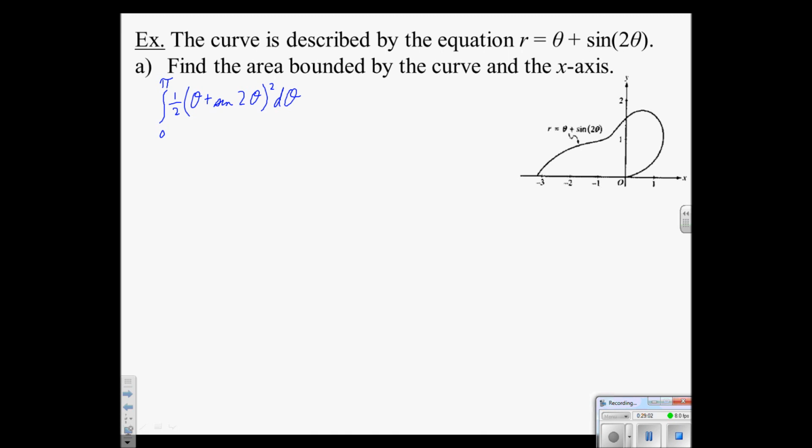When you're using Math 9 to do an integral, it doesn't matter what the variable is. I could set up the integral as a function of t and then do dt, or w, then do dw. It doesn't really matter. So when I type this into my calculator, I'm doing the integral of 1/2 of x plus sine 2x, quantity squared, dx. Anyway, I'm getting an answer of 4.382.